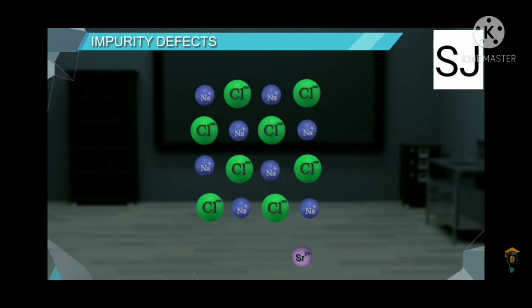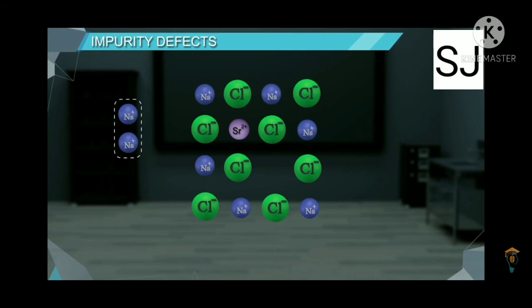So in this case, all of the Na positive and Cl negative are relocated according to the arrangement, and addition of strontium chloride to sodium chloride yields a solid solution where each Sr2 positive ion replaces two Na positive ions.